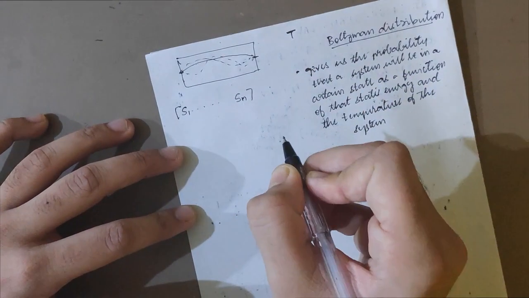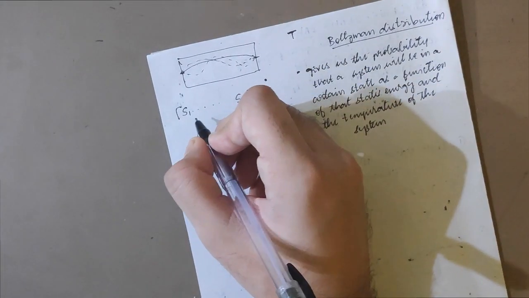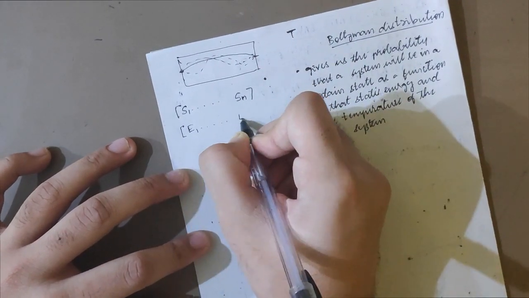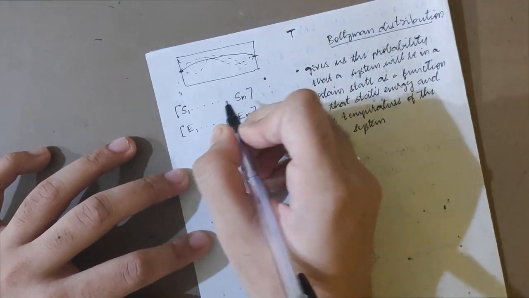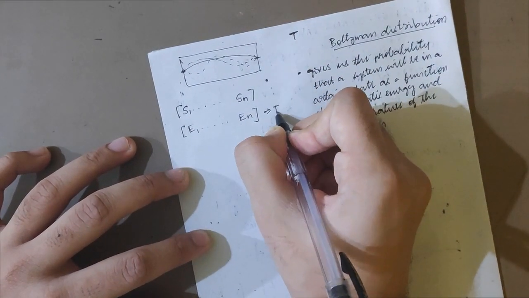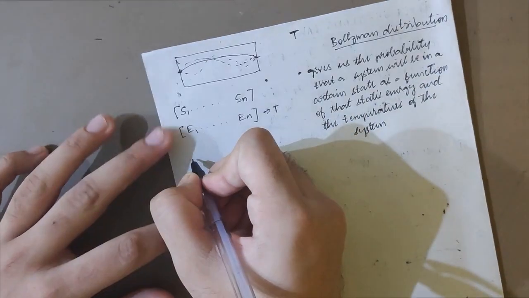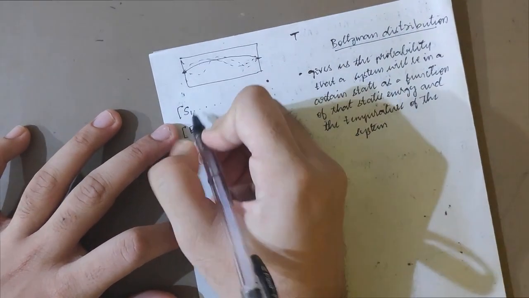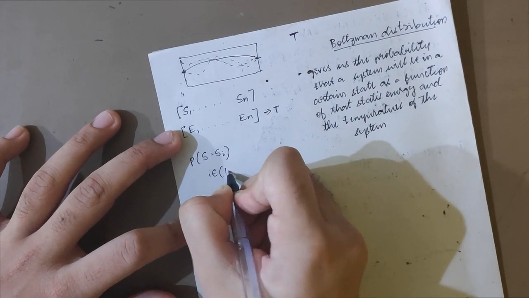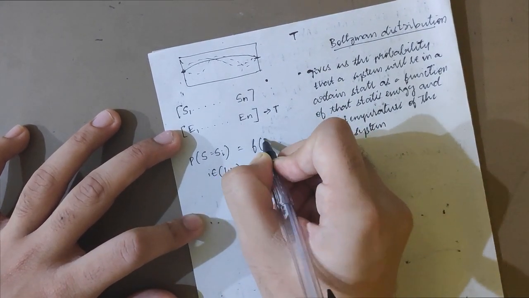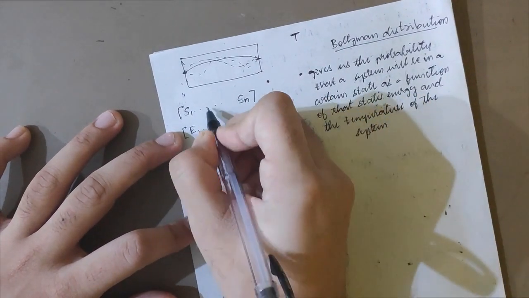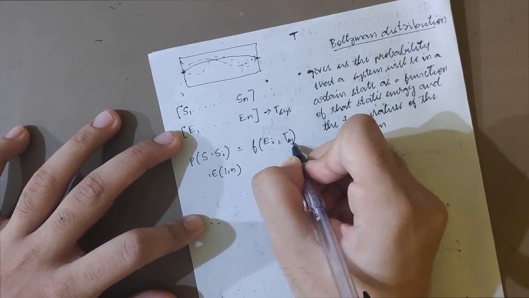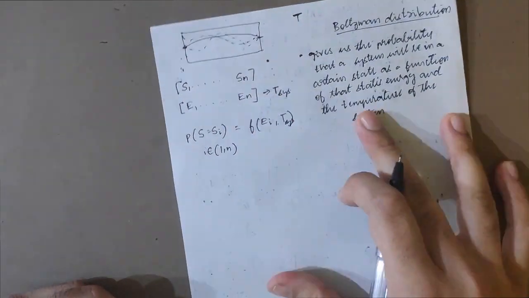A particle belonging to the system can be in any one of these discrete n states, and each state has an associated energy E1 to En, and the whole system is at thermal equilibrium at, say, temperature T. Then the Boltzmann distribution gives us the probability that the state of the particle is Si, where i belongs to 1 to n, as a function of the energy of the corresponding state and the temperature of the system.